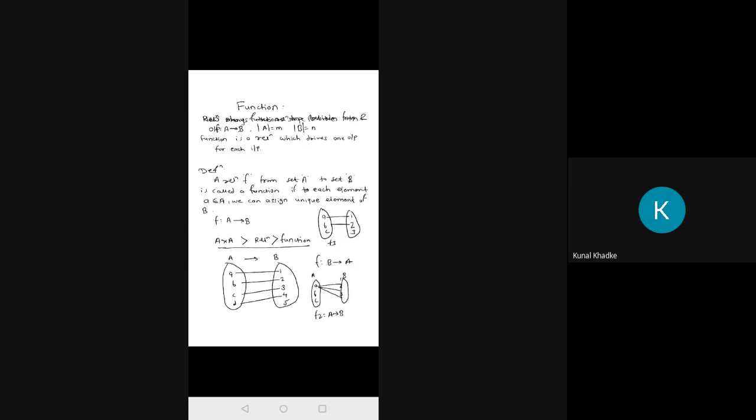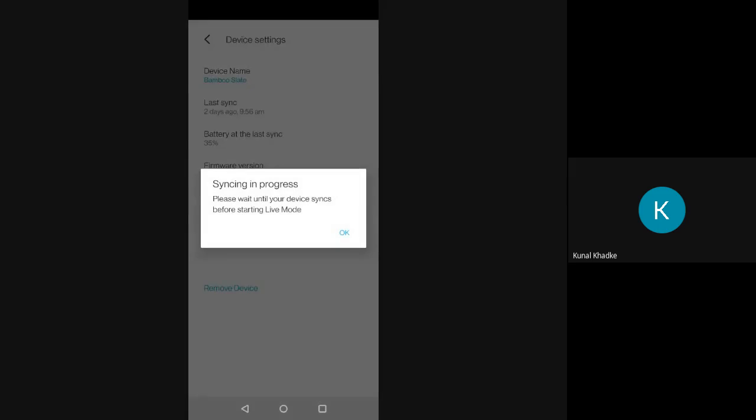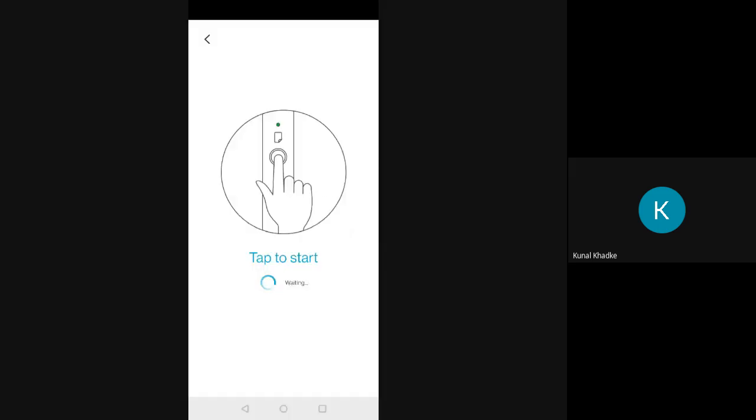Think on it and give me the answer. What was my question? How many functions are possible from A to B if mod of A is M and mod of B is N? Means in A there are M elements and in B we have N elements. Then tell me how many functions can be possible?